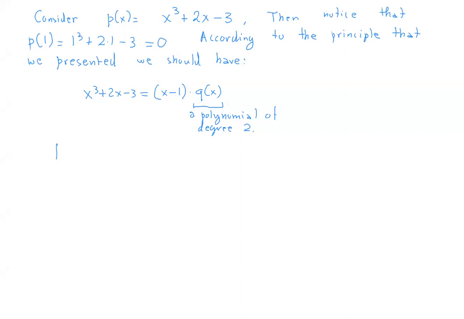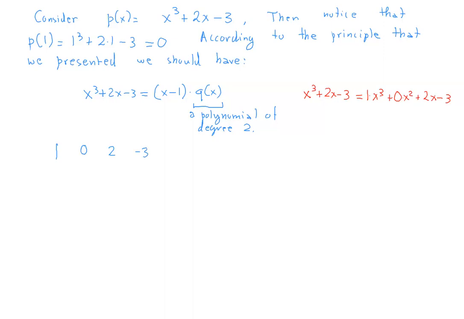When you write down the coefficients, though, you have to include the ones that are 0, meaning you have to take into consideration that x cubed plus 2x minus 3 is the same thing as 1 times x cubed plus 0 times x squared plus 2x minus 3. So you're going to have 1, 0, 2, negative 3. Okay, so these are the coefficients.